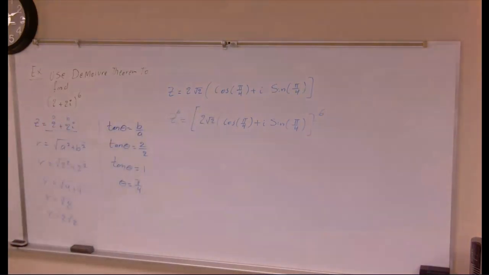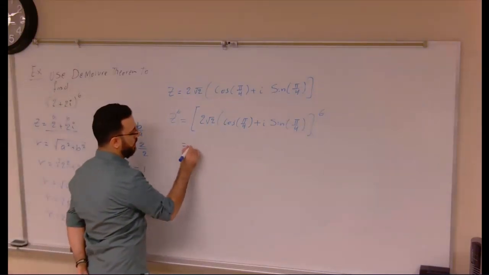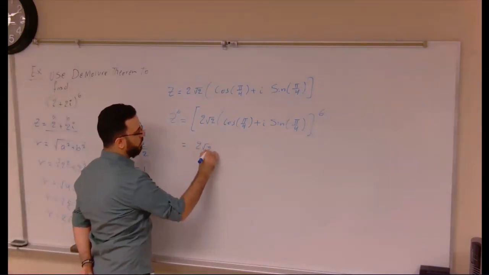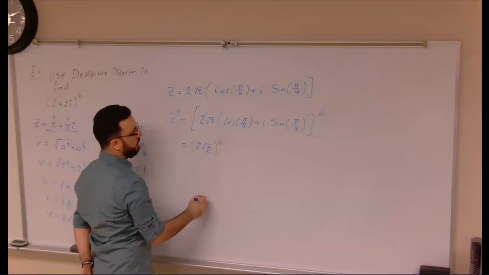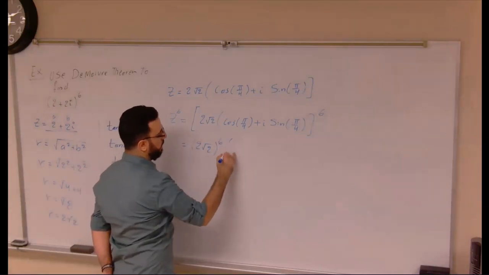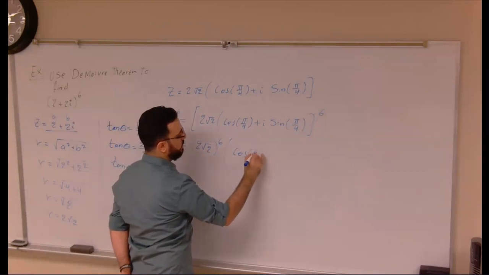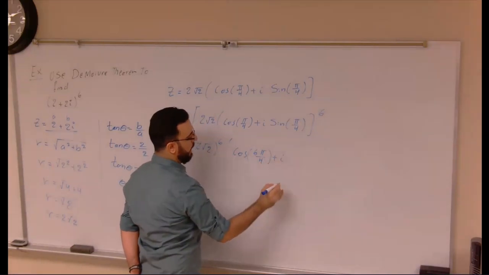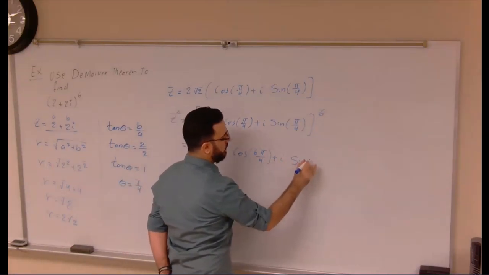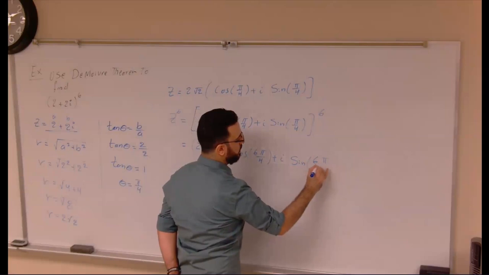Is that similar to what we have here? So it's going to be r to the power n. That means 2 square root of 2 to the power 6, and here cosine 6 pi over 4 plus i sine 6 pi over 4.